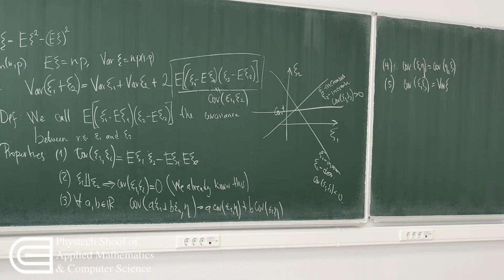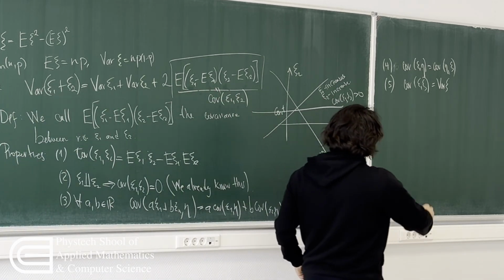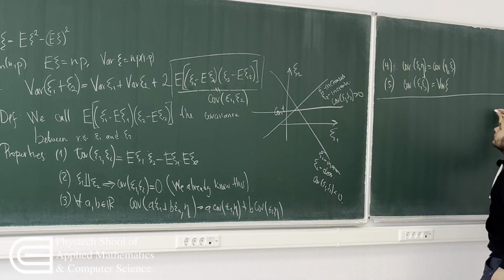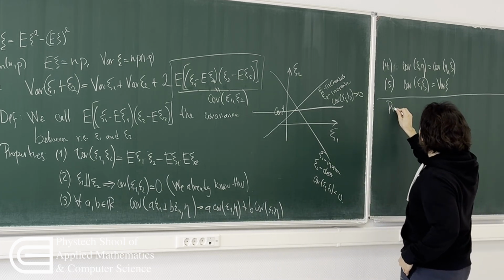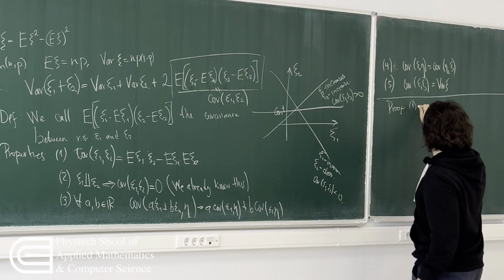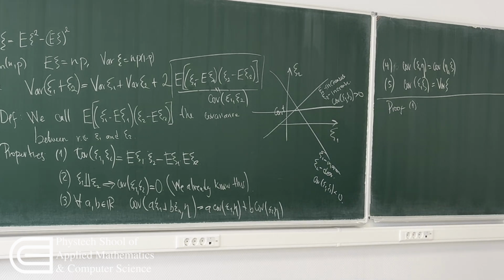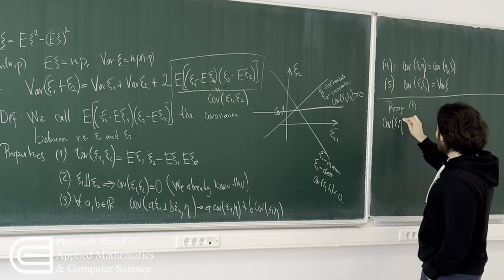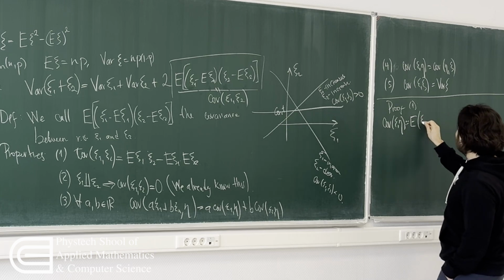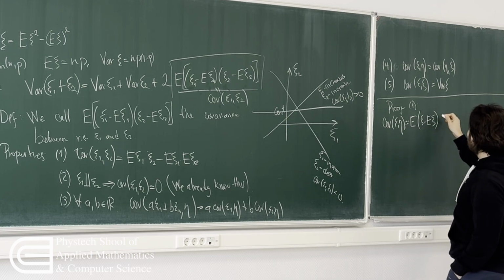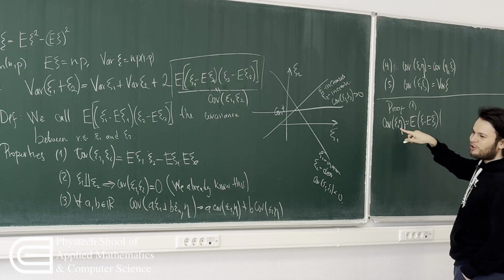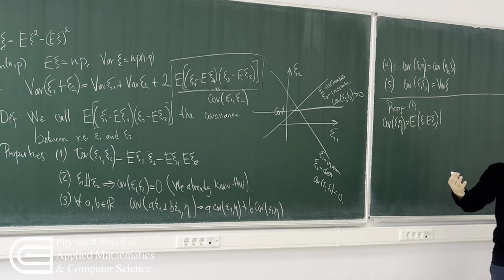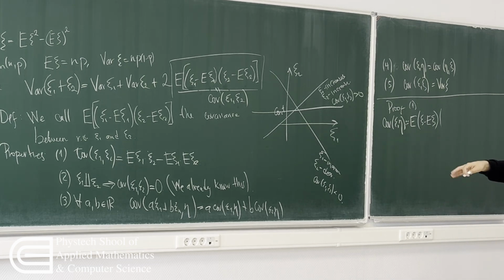So let's prove number 1. Proof of 1. Well, we have that the covariance of xi and eta is given by the expected value of xi minus the expected value of xi, times eta minus the expected value of eta. Let me use xi and eta, it's better. Xi1 and xi2 is a little bit confusing, right? We don't see the indexes, very good.